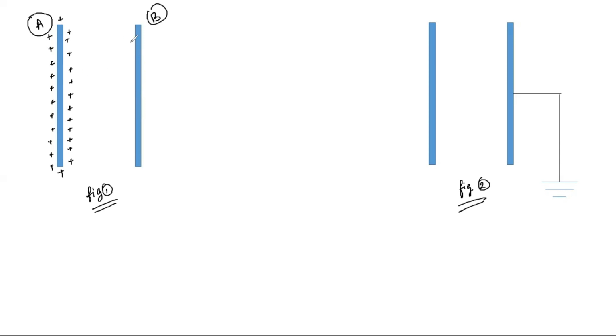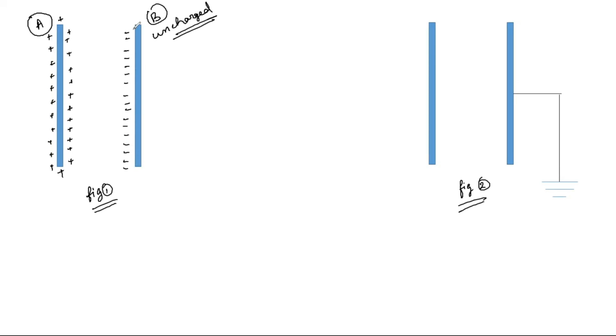A certain induction process will take place. Since the positive plate A is placed near, this plate B, which was initially uncharged, will have a negative charge induced on this near face.